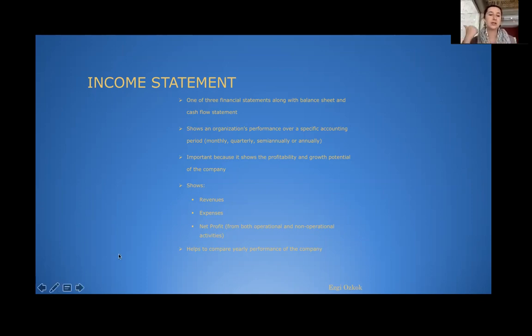Basically, it shows revenues, expenses, and net profit from both operational and non-operational activities.